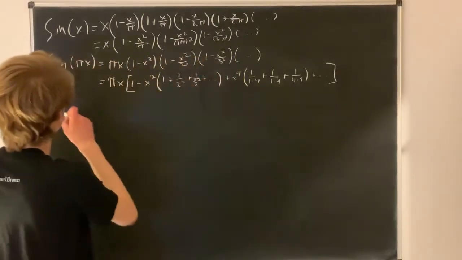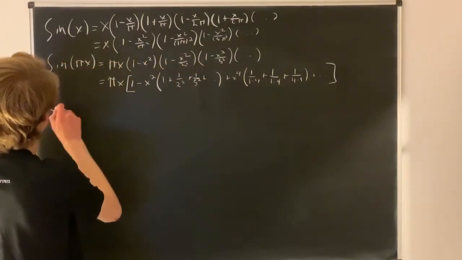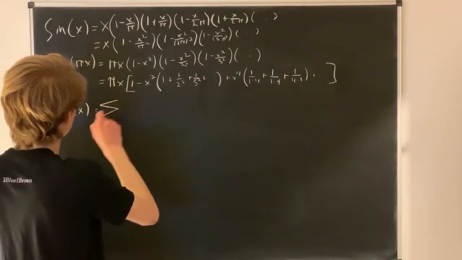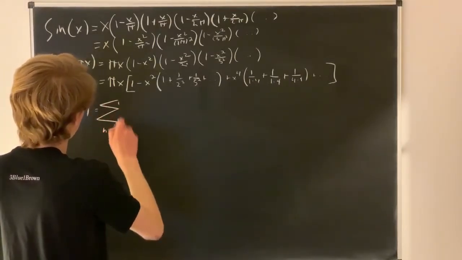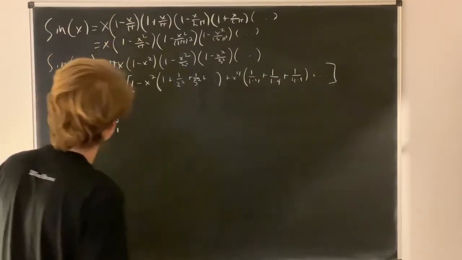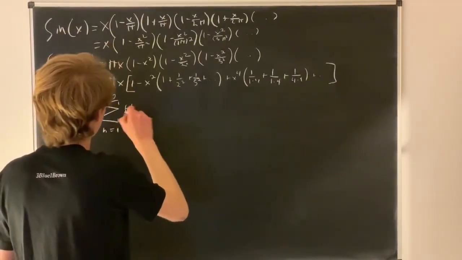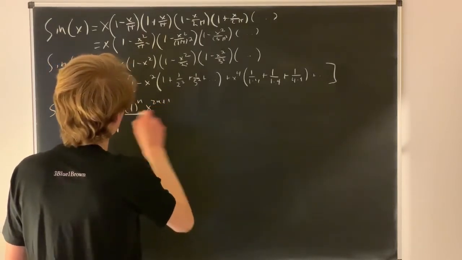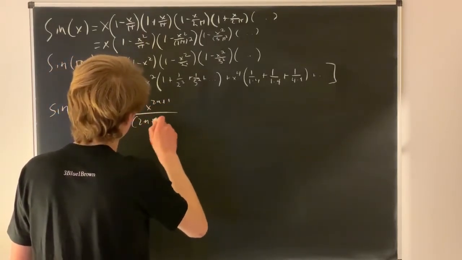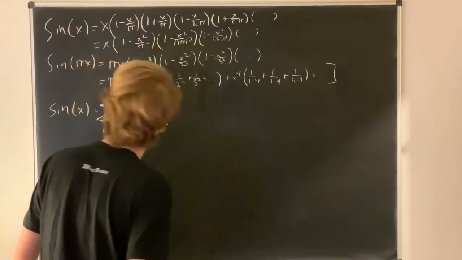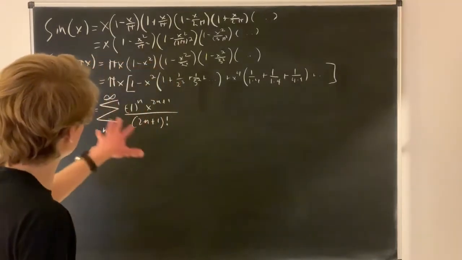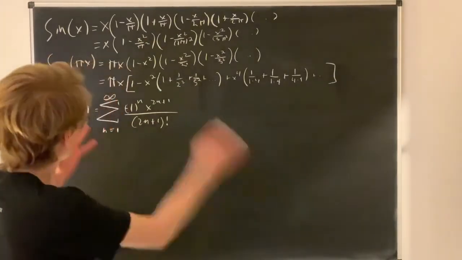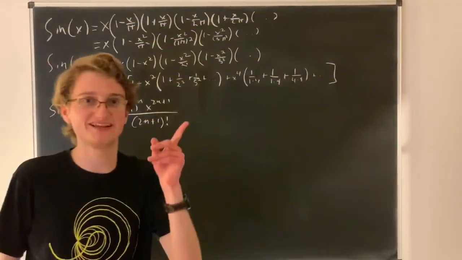The Taylor series approximation of the sine of x is the infinite sum from n equals 0 to infinity of -1 to the n x to the 2n plus 1 over 2n plus 1 factorial. This is the Taylor series definition of the sine of x. And voila, we have our infinite sum.